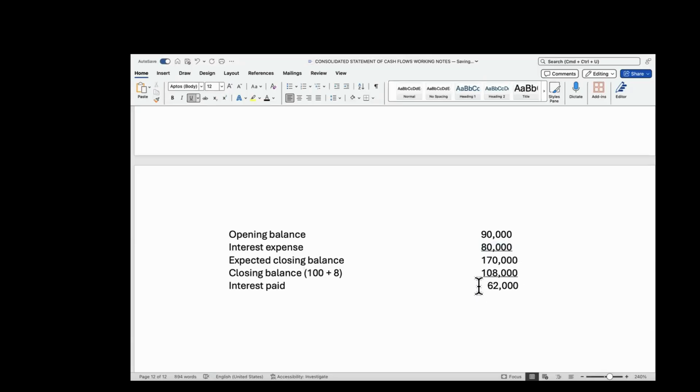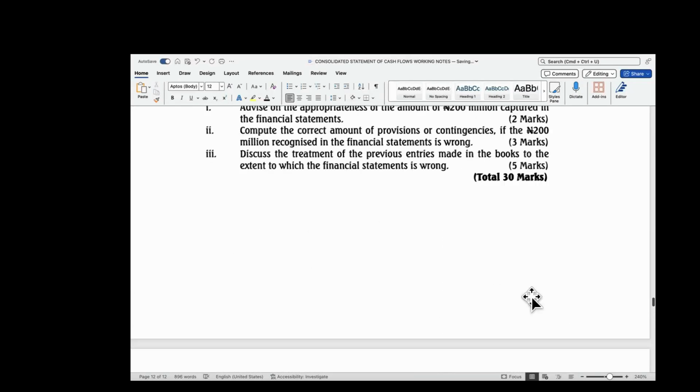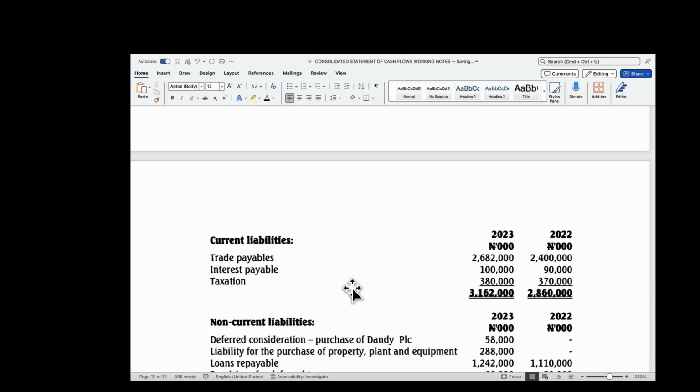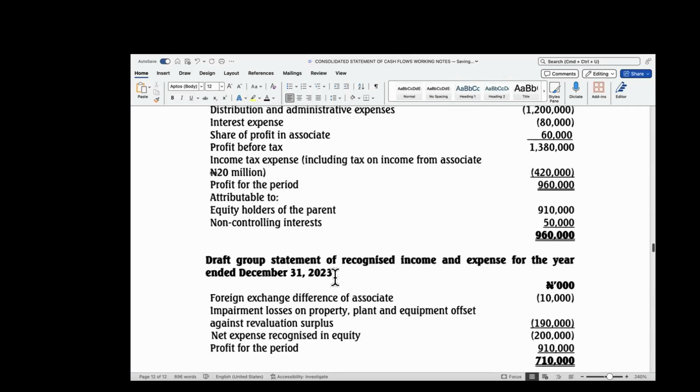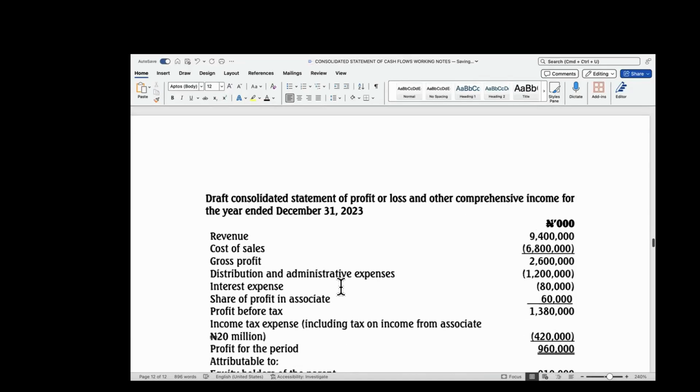And it's still going to give us 62. Still going to give us 62. So this will be outflow, financing activities. So yeah, now we are done with everything.